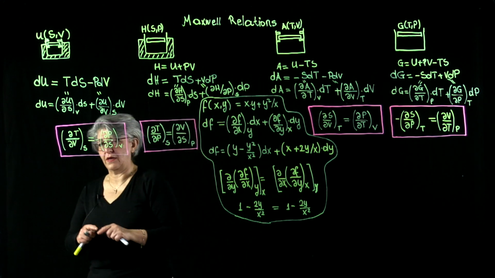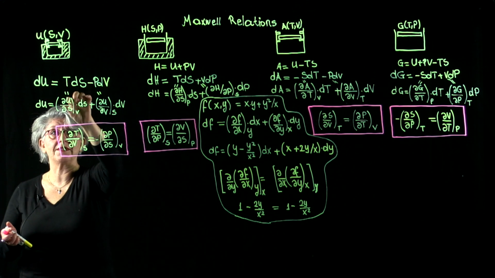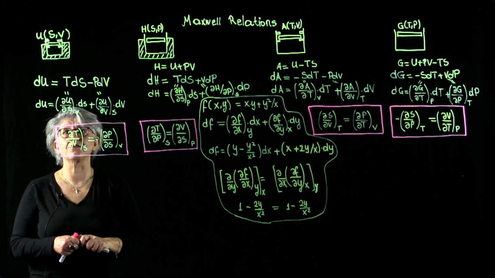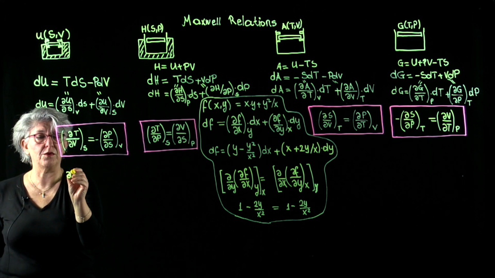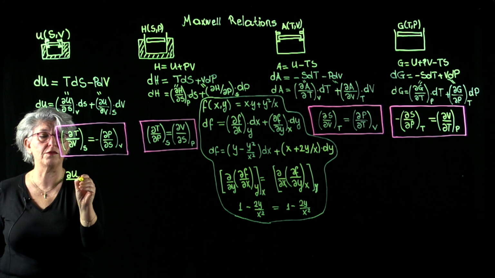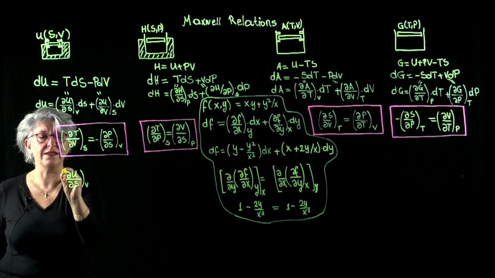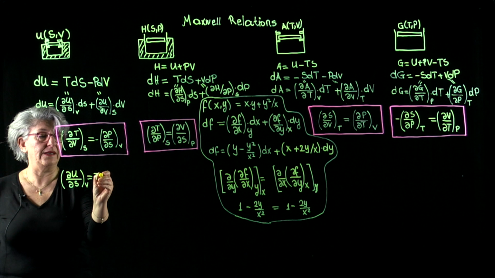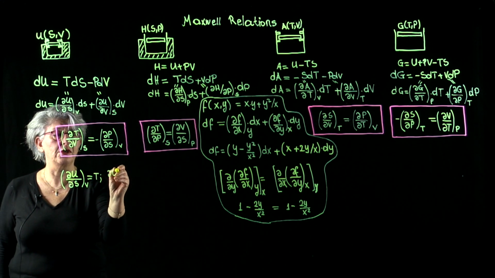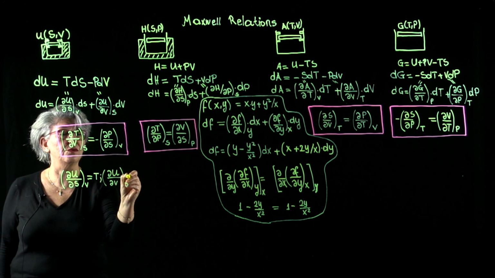I will also amend this board with those relationships that we have obtained from the first derivatives, because we are going to be using them also. Del u over del s at constant v is equal to T, and del u over del v at constant s is equal to minus p.